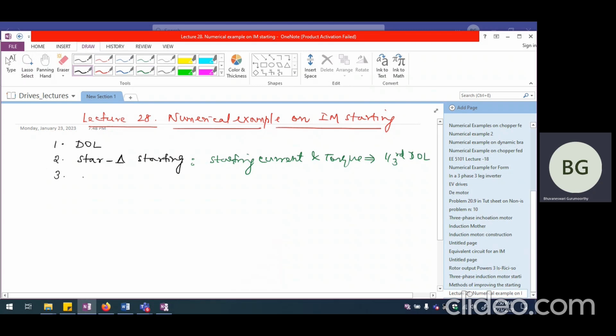The next method we looked at was auto transformer based starting.